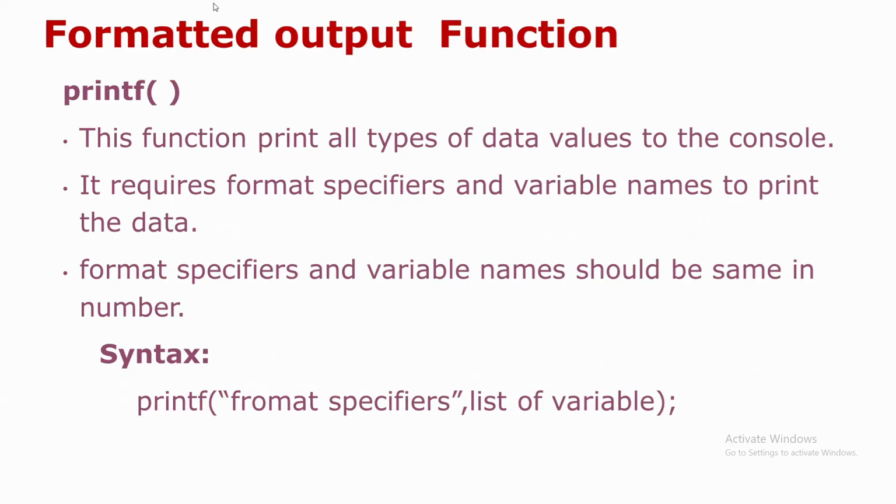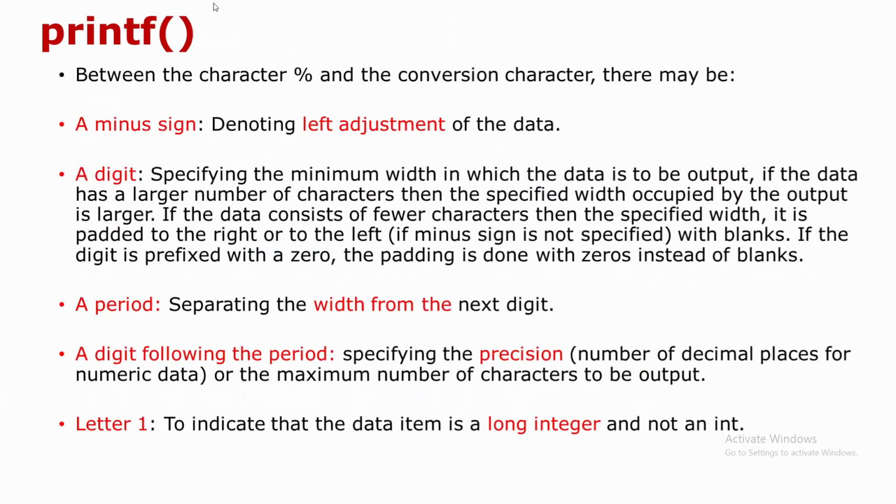This is called formatted input. Formatted output means displaying data in a neat and organized format. For example, displaying salary with two decimal places, displaying roll numbers in proper alignment, displaying marks in a table. All these are examples of formatted output. So formatted input is done using scanf. Formatted output is done using printf.